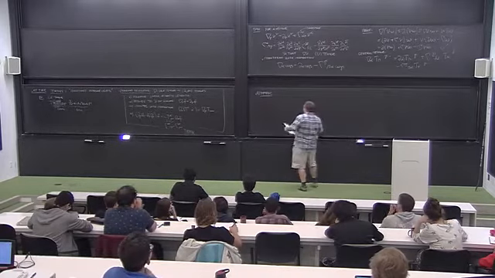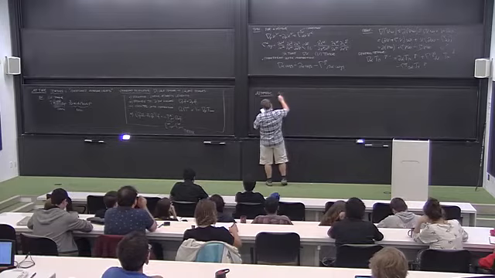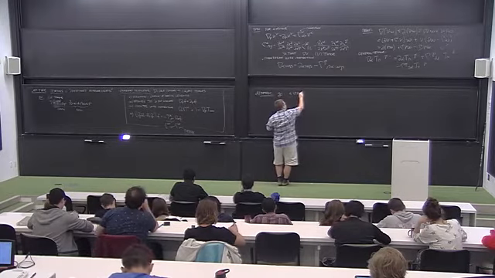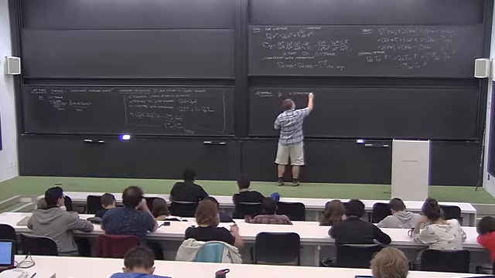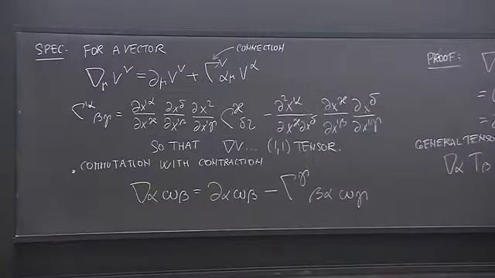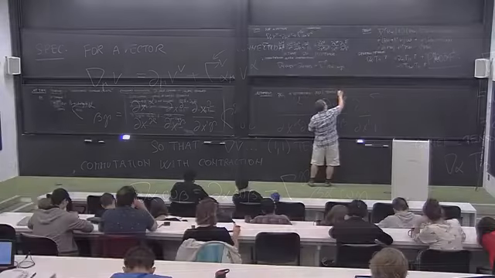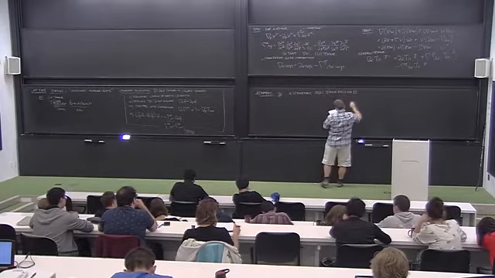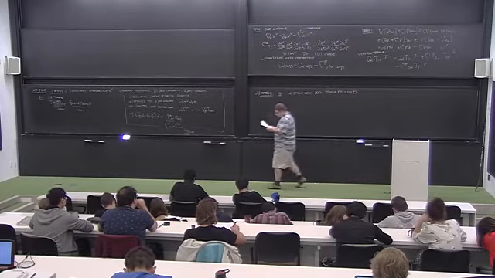Metric g is simply a symmetric 0 2 tensor field on M. Okay.